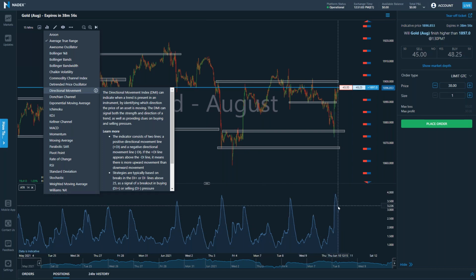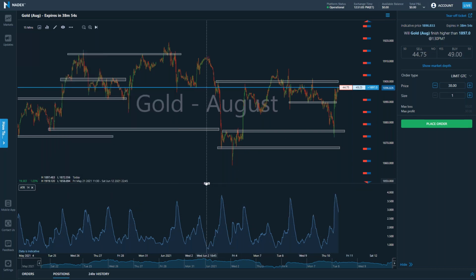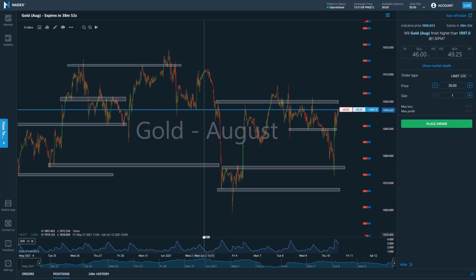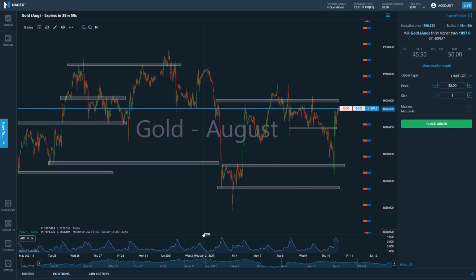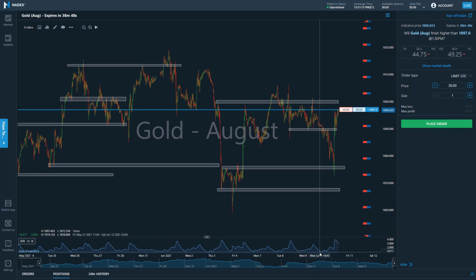The average true range has been swinging around, and you don't have to make it that big. Notice I'm shrinking it down. A lot of people just want to get an idea of where we are in the average true range. Inflation's been the number. Gold has been a volatile hot spot in the markets. There's been trading opportunity in gold. So the average true range has been bouncing all over the place because we've had so much volatility in gold.